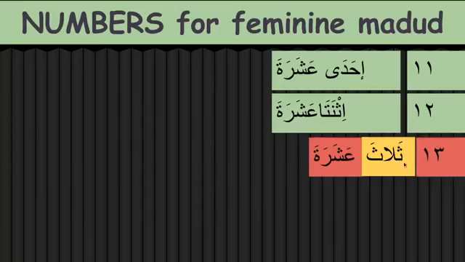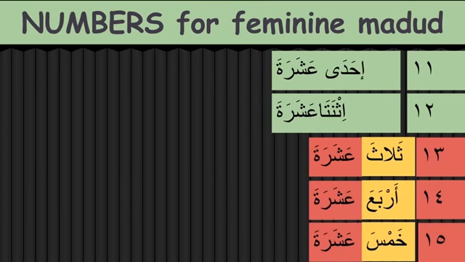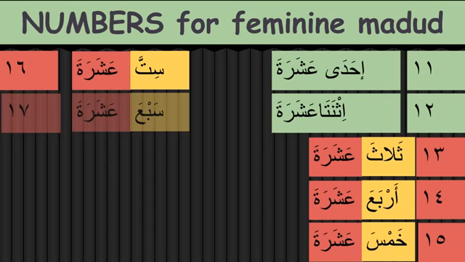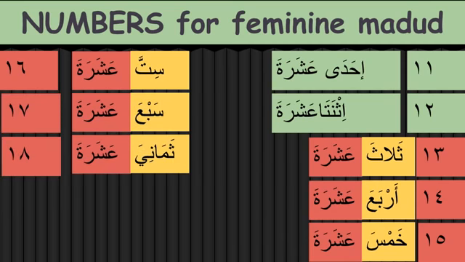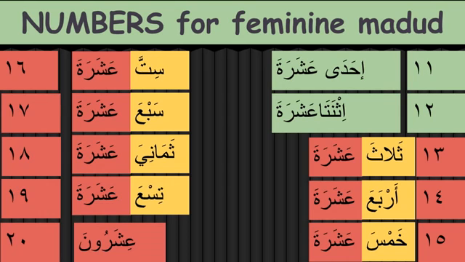So again, when the teens come and the genders change, the first number will be masculine and the second will be feminine. Thalathata asharata, arba'ata asharata, khamsa asharata, sitta asharata, sab'a asharata, thamaniya ashara, tis'a ashara, ishrun. So if you say ishrun, it remains ishrun for masculine and feminine. So the rest everything changes from 13 to 19.